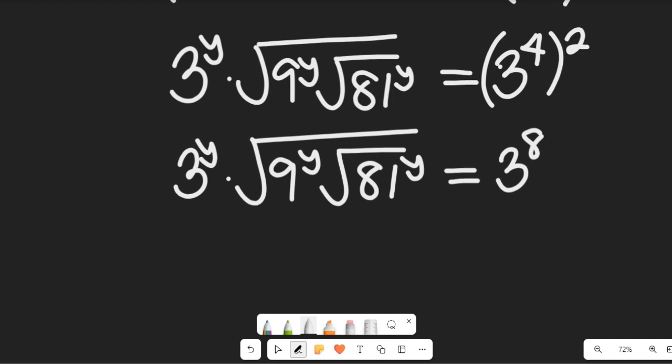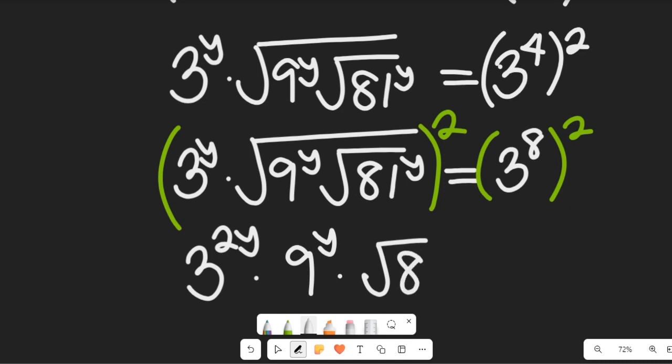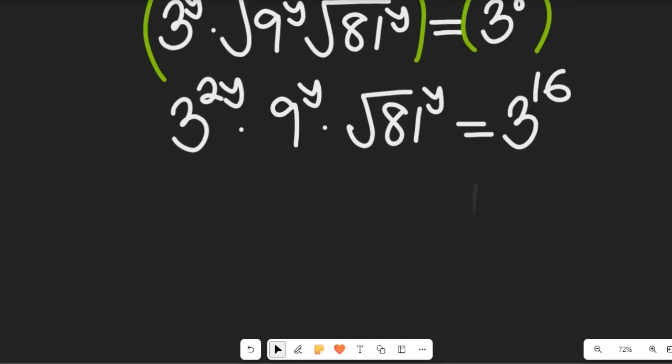So we're still going to take the square of both sides. If we take the square of both sides, this is going to be 3 to the power of 2y multiplied by 9 to the power of y multiplied by the square root of 81 to the power of y, and this will be equal to 3 to the power of 16. 8 times 2 gives us 16, right?